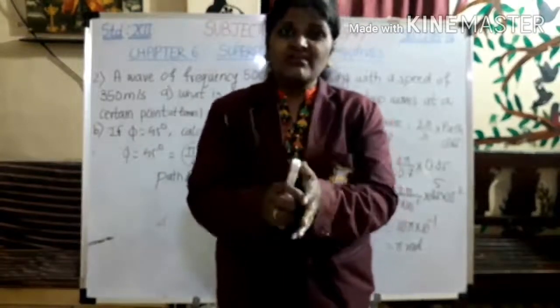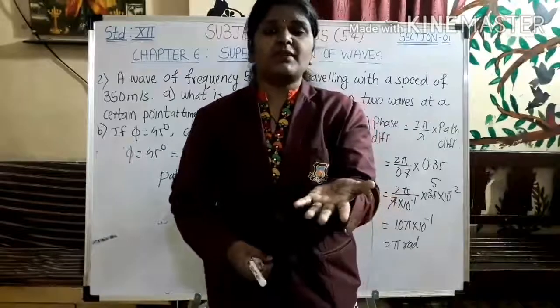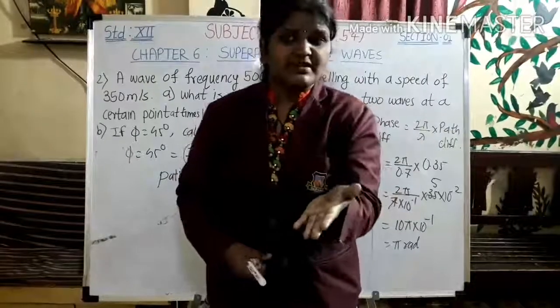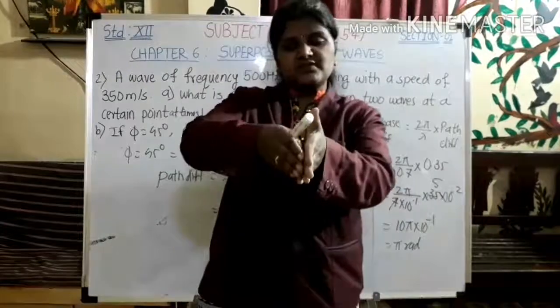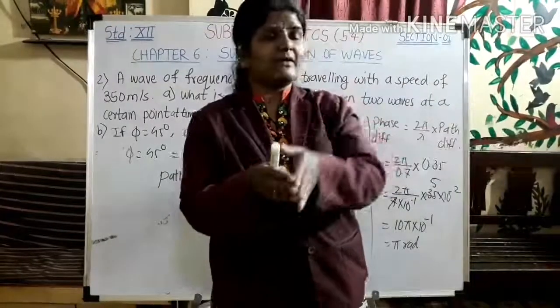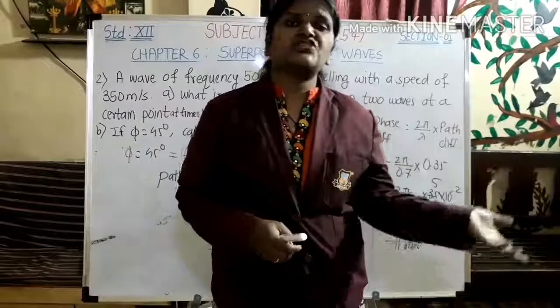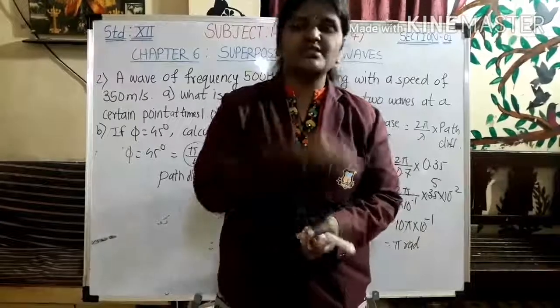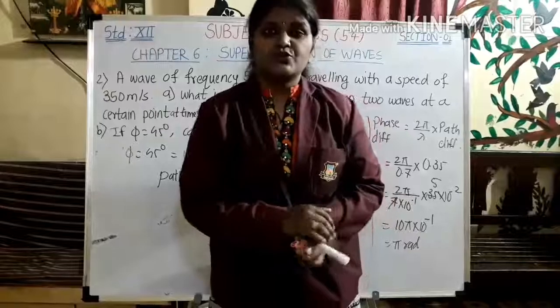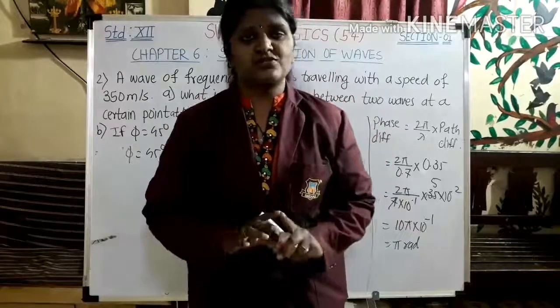So when we are getting the maximum amplitude or maximum intensity, it should be at a distance lambda by 4 from the center, and to the other it should be lambda by 2. So by putting all these values, you will get the answer for this. I have just given you the hints for this numerical.